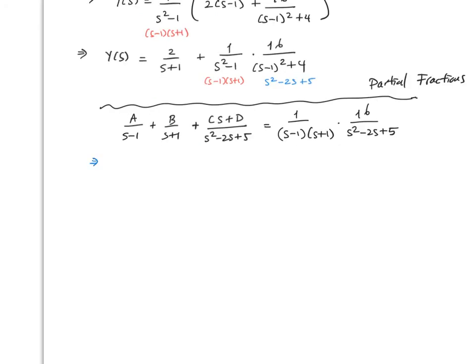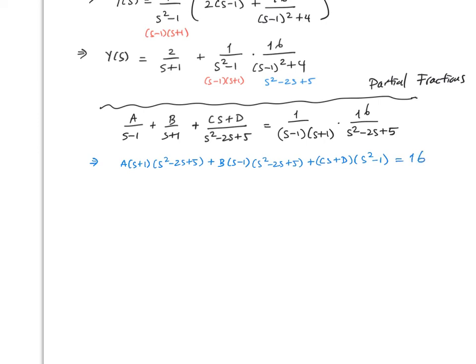Now, if we use the exact same technique from last time, we're going to have A times s plus 1 times s squared minus 2s plus 5 plus B times s minus 1 times s squared minus 2s plus 5, and then plus Cs plus D times s squared minus 1.